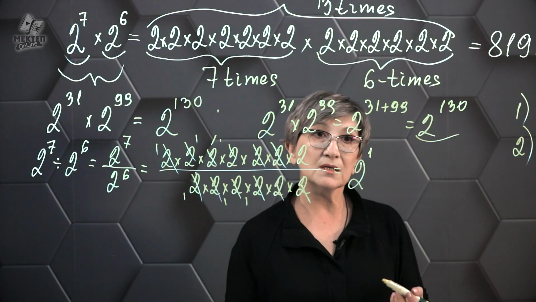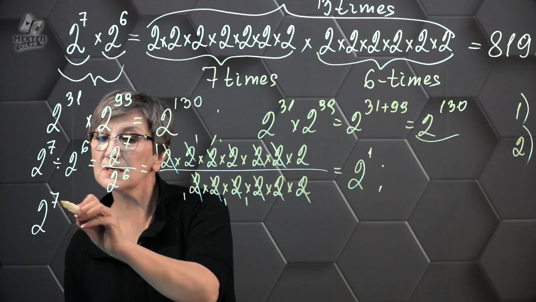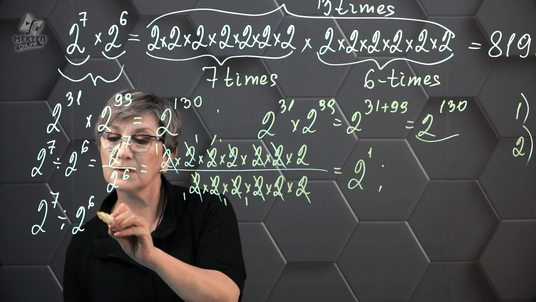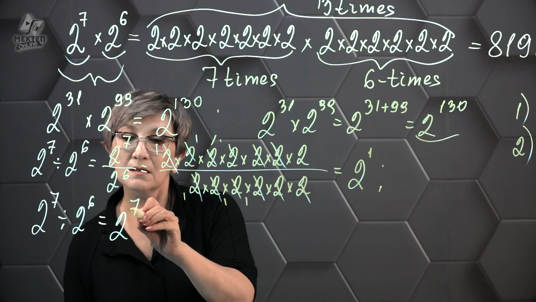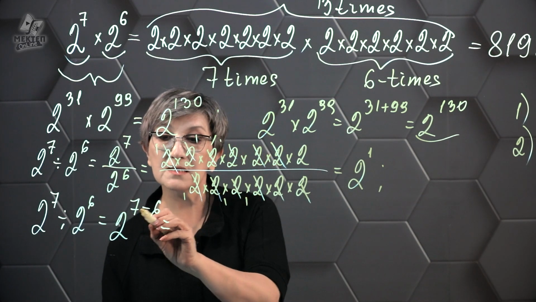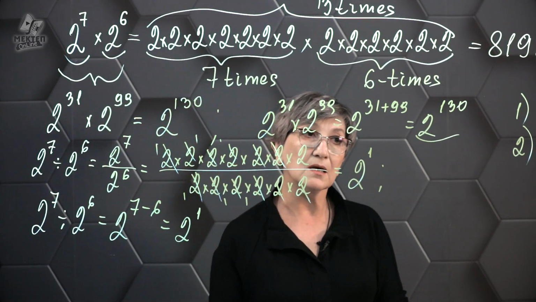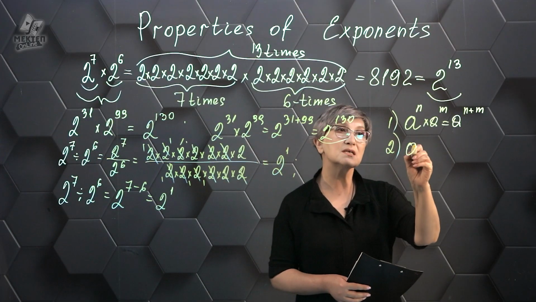I could have gotten that answer by dividing 2 to the power of 7 by 2 to the power of 6 and subtracting the exponents of the powers. From 7, subtracting 6 gives 1. The result is 2 to the power of 1. Then we can write down the following property.